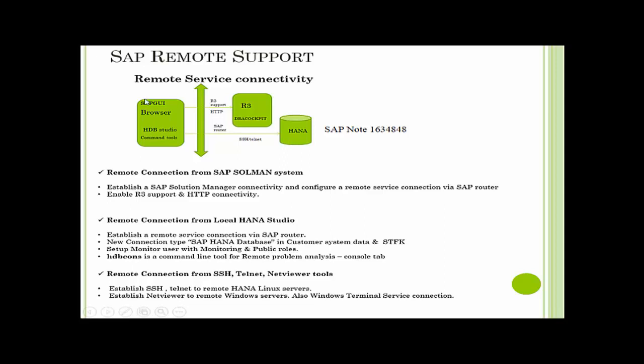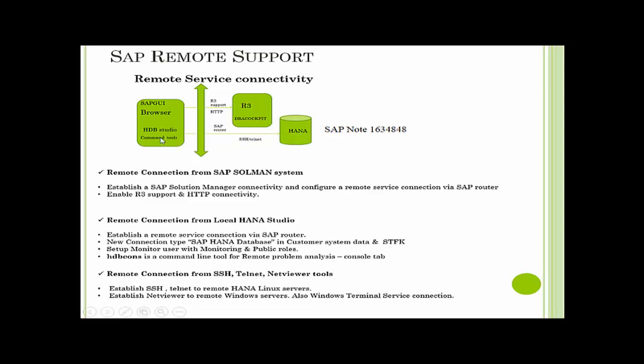So basically, if you see this picture, we have different support connections to be enabled for remote monitoring. That is, we have R3 support, HTTP connect, and for the HANA database alone, we can set up a connection from a local studio using SAP router, and then we can monitor the HANA database.